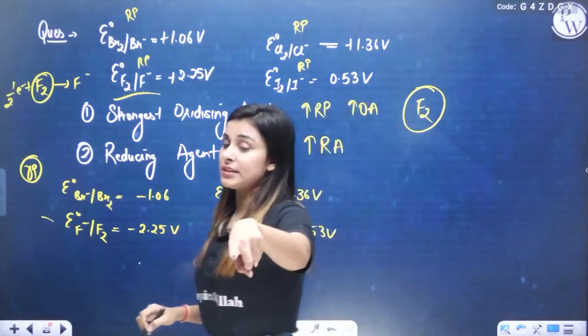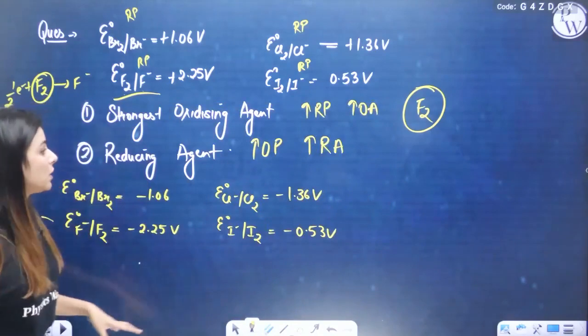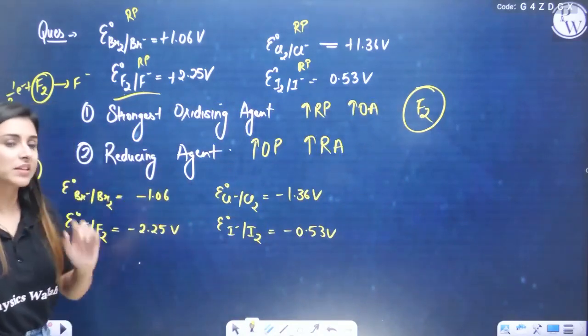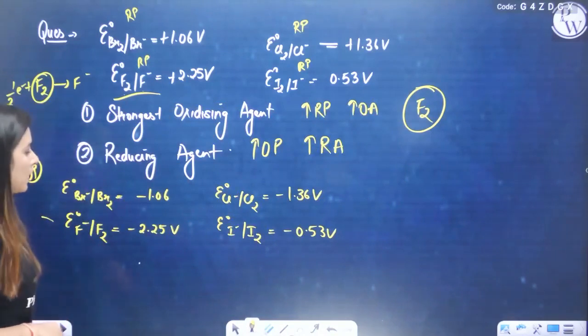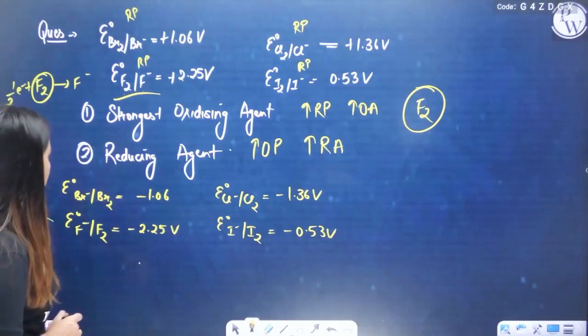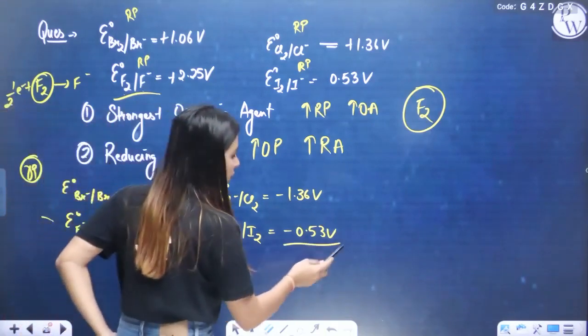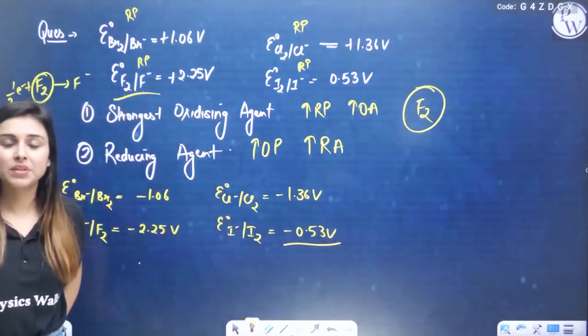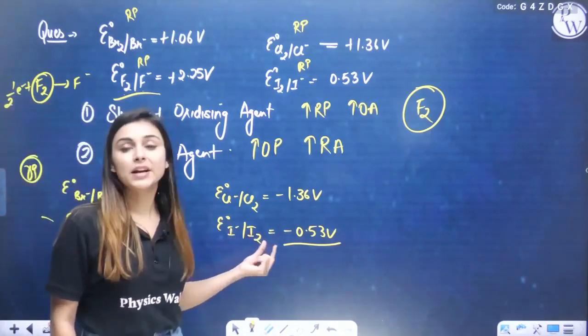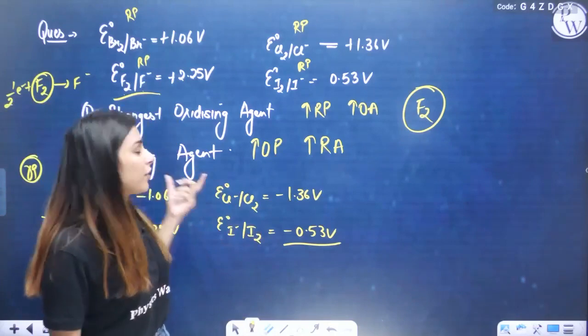Now we'll see these oxidation potentials, right? Which will be the maximum value? First, let's see that all values are negative. So the least negative value would be the maximum value. So this is the maximum value. Right? Yeah, this is the maximum value. Now the question is, out of I negative and I2, which is your reducing agent?